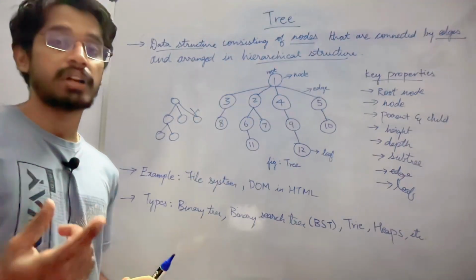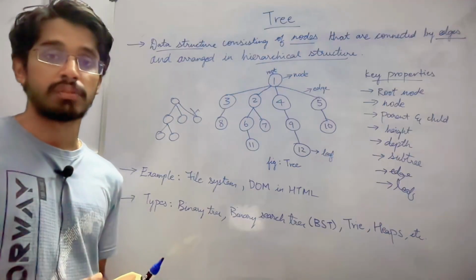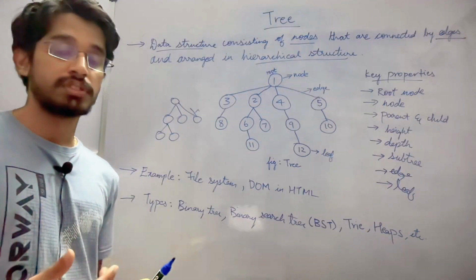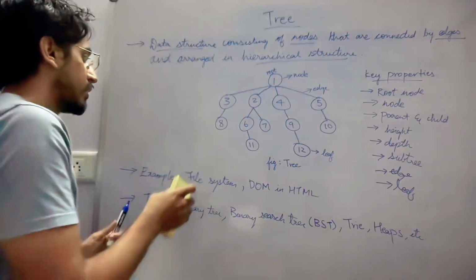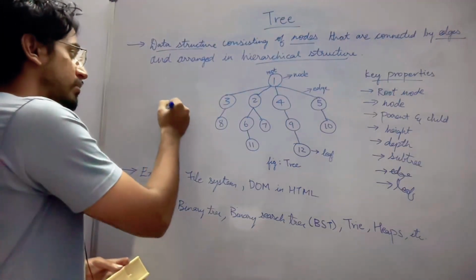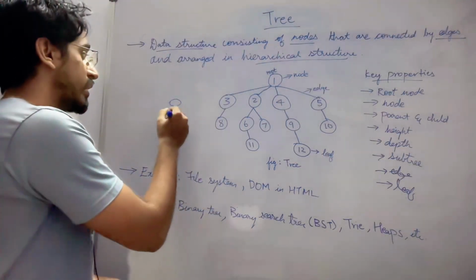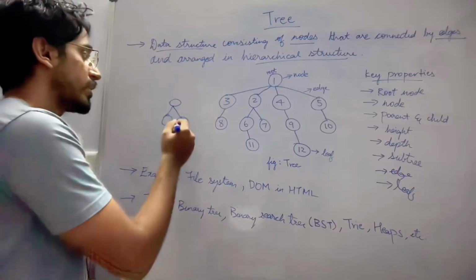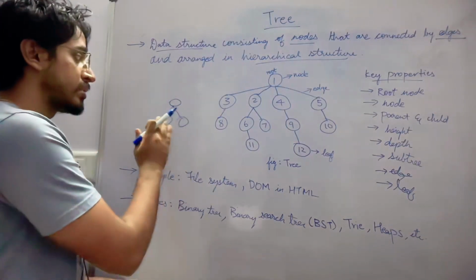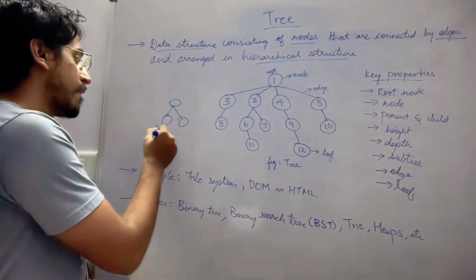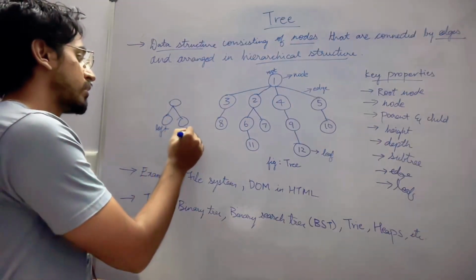The next type of tree is called the binary search tree, which is usually used for searching. If I give you an example, this is also a binary tree, so it will have 2 children. The condition here is on the value of left and right, as we call these children.